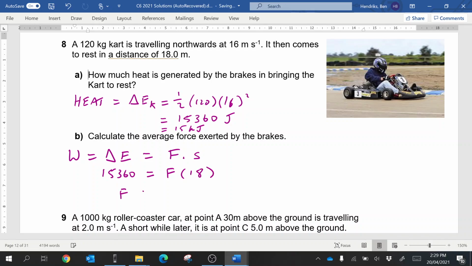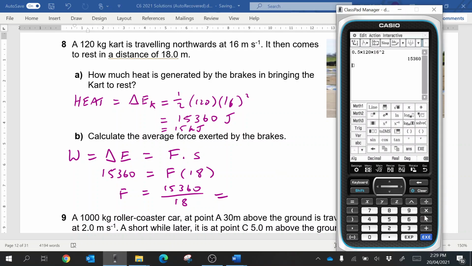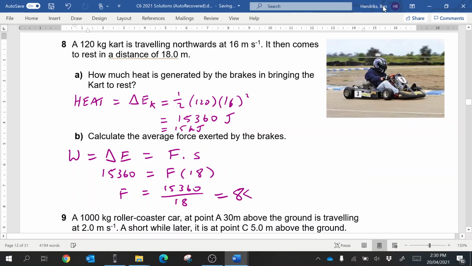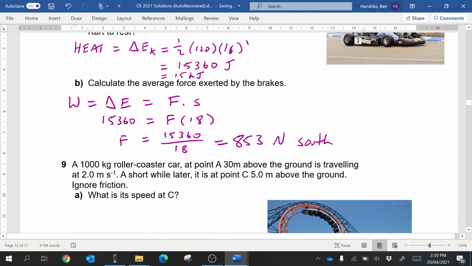So the force is equal to 15,360 divided by 18. We already have that in the calculator, so we just divide the answer by 18, and we get 853 newtons. And because it was travelling northwards originally, the brakes must be acting in a southwards direction. The frictional force would be southwards.